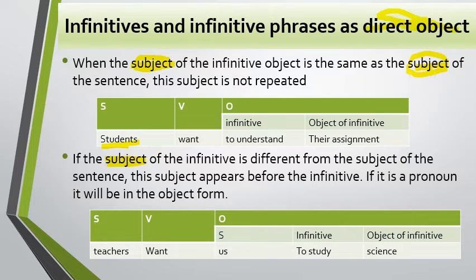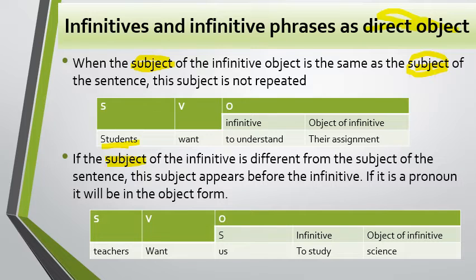For example, teachers want us to study science. First of all, in this sentence, the subject is teachers, want is the main verb. My object is us to study science.